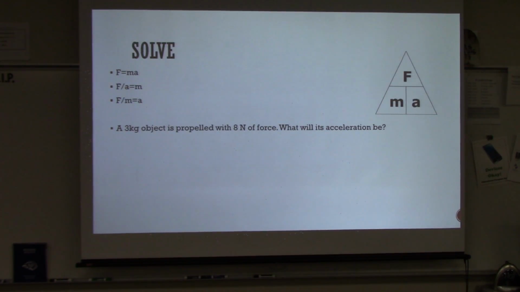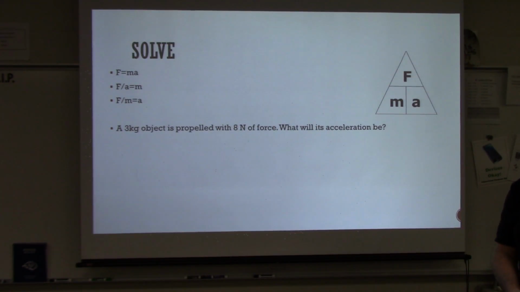Put that into your calculator and you should get what? It's going to give us 2 point, hold on, let me make sure I get the same answer you guys do. So 8 divided by 3 gives us 2 2/3.